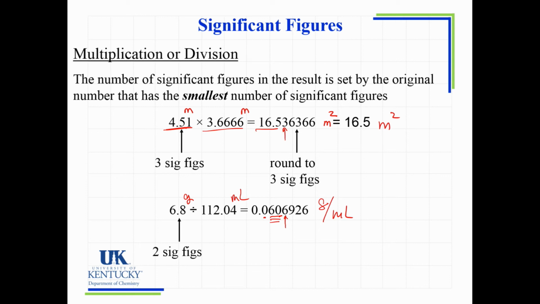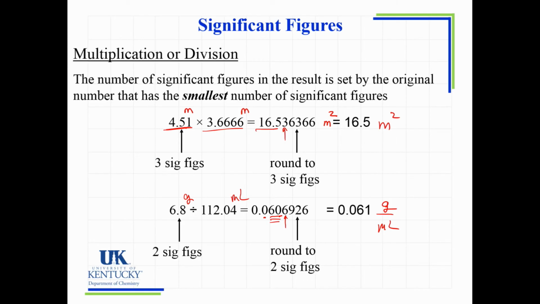Underline them. We look at the next digit and see that it's 5 or larger, so we need to round up, and that gives us our answer of 0.061. What would the units be? We did a division of grams and milliliters, so it would be grams per milliliter. So that is the rules for multiplication and division.